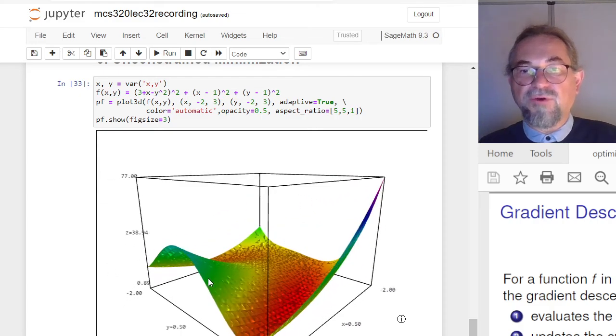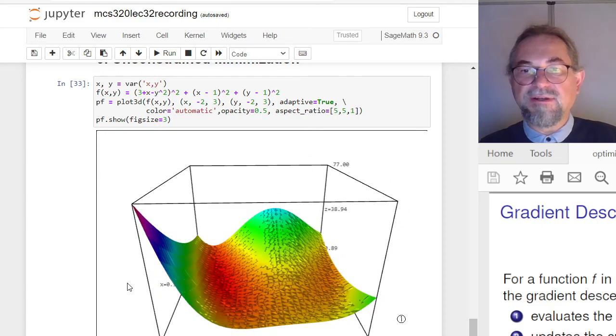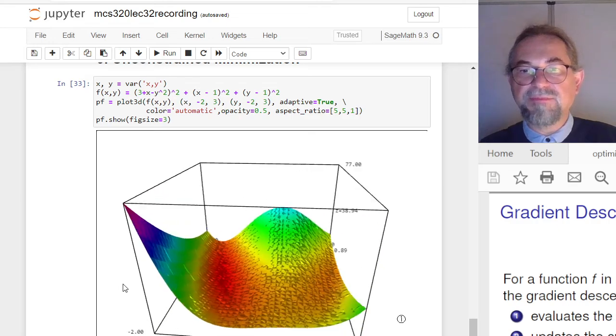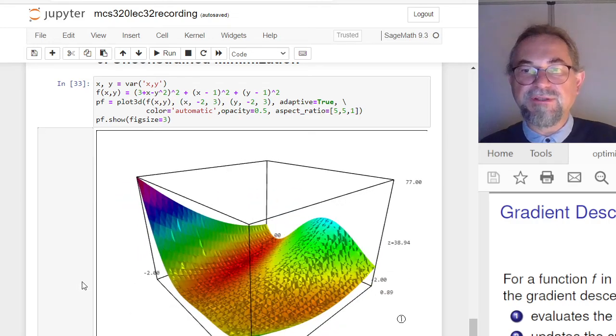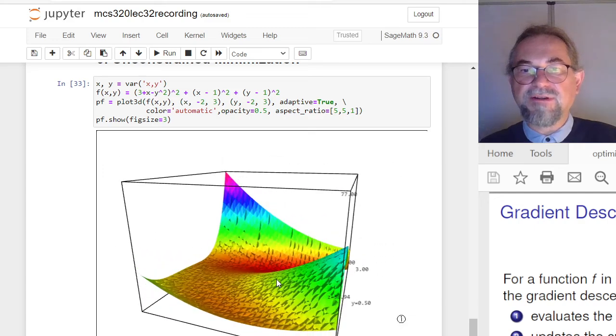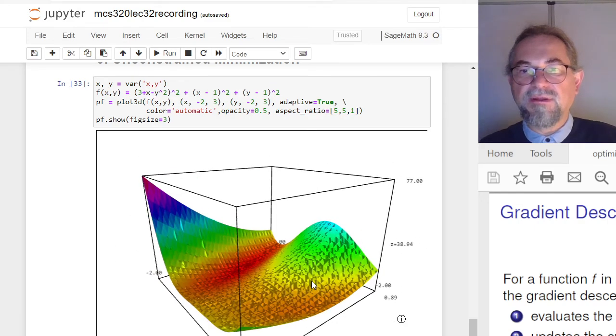Now, I formulated this problem as a sum of squares, but if you interpret this as a landscape, there's kind of a valley and then one steep slope, and then one slope that is not so steep.